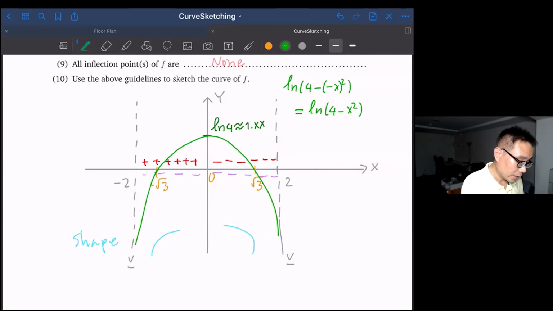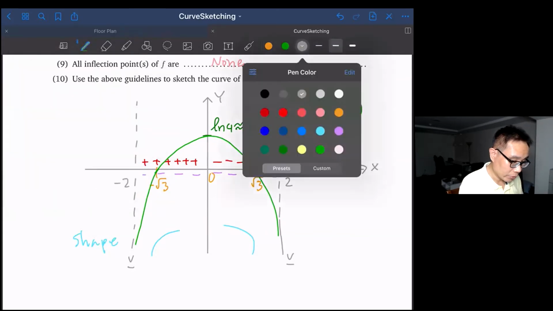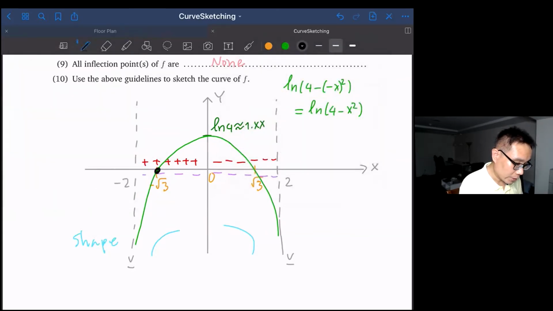And you see that it's going to pass through this point and this point. That is going to be our x-intercept and y-intercept respectively. Okay, I'm going to fix this one a little bit.